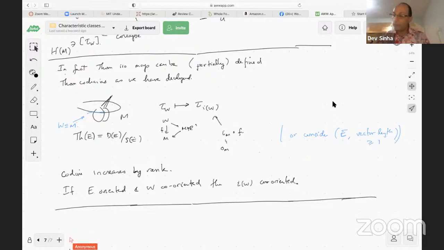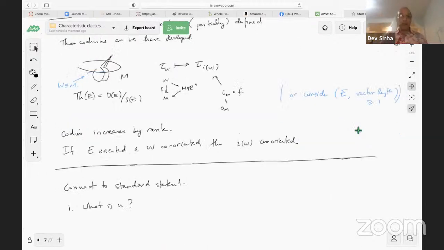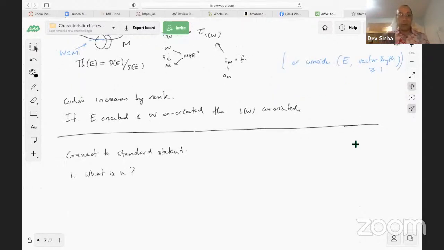Let's connect to the standard statement. First, what is U in this model? So U is the generator. It corresponds to 1 in the cohomology of E, or the base. It maps to some module generator for this free module of rank 1.